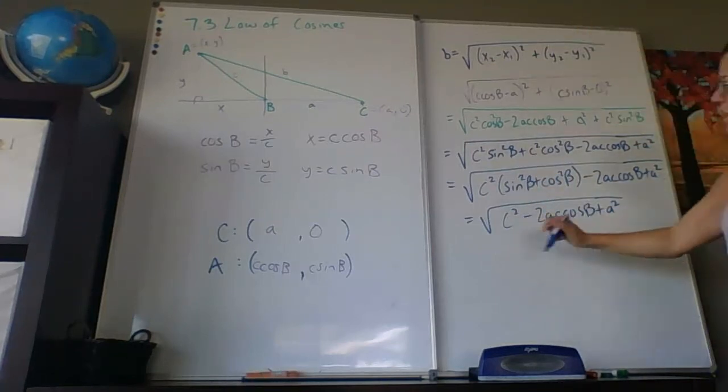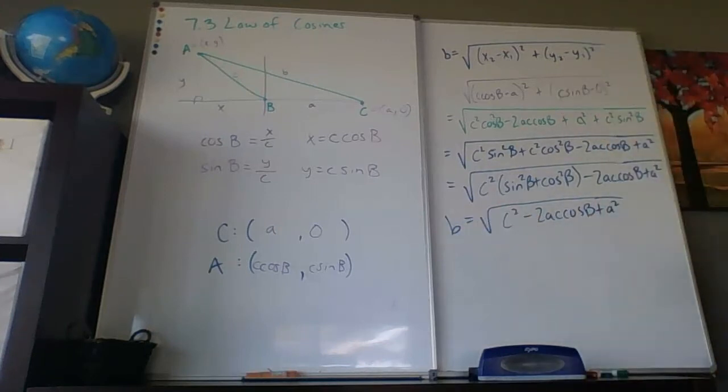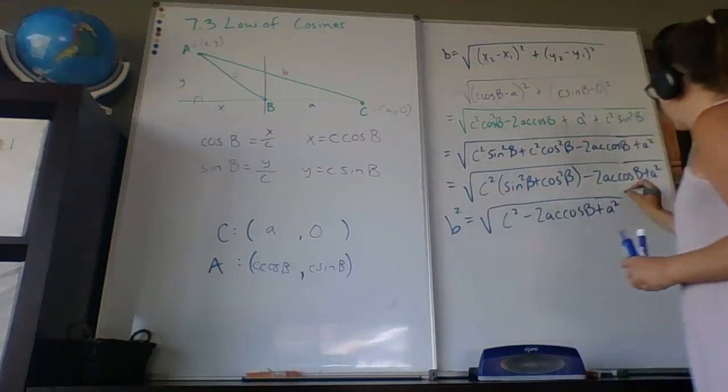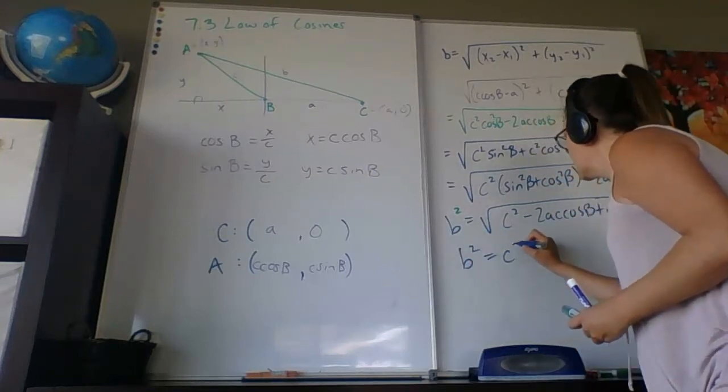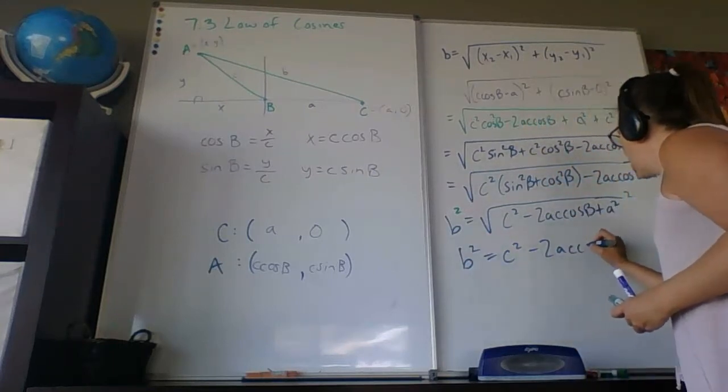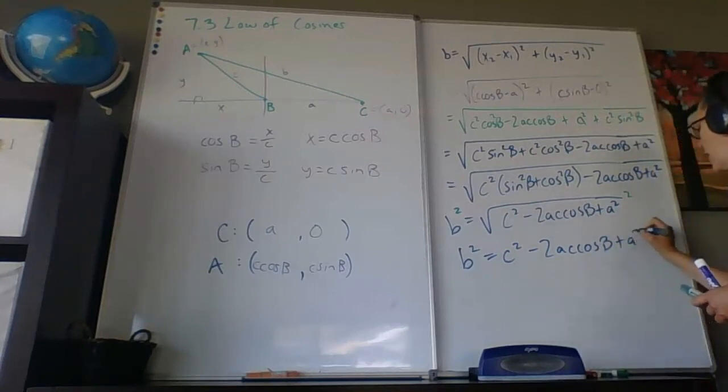Remember, this whole thing gives us the length of B. So in order to get it into the form of the law of cosines, we will square both sides. So we get B squared equals C squared minus 2AC cosine of B plus A squared, since the square and the square root cancel.